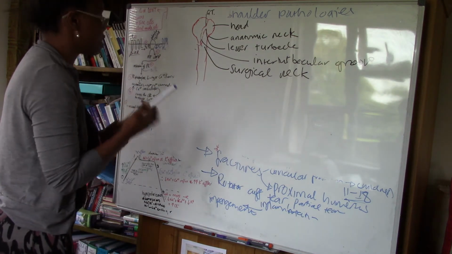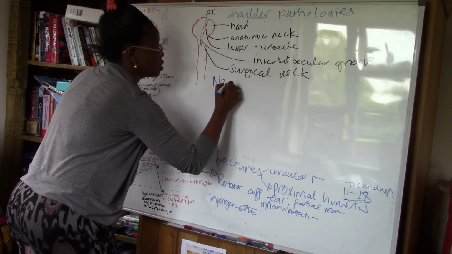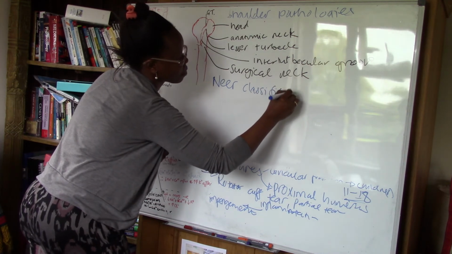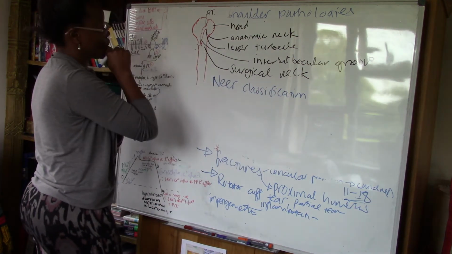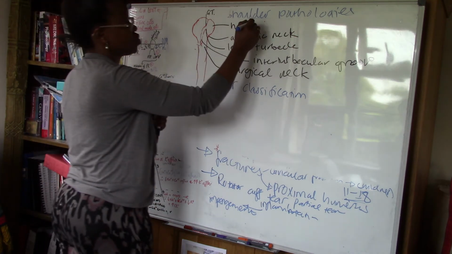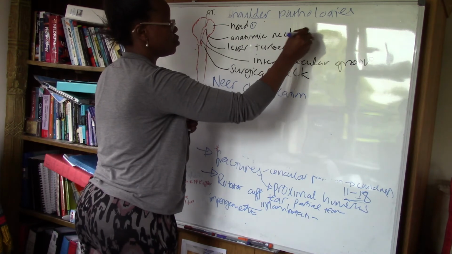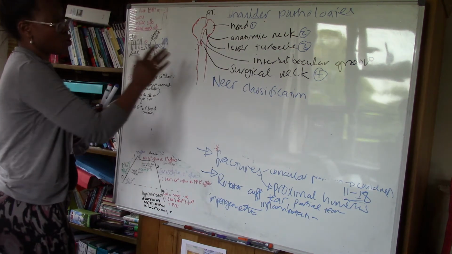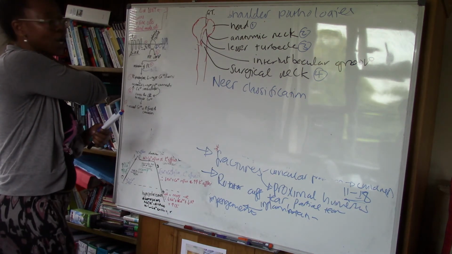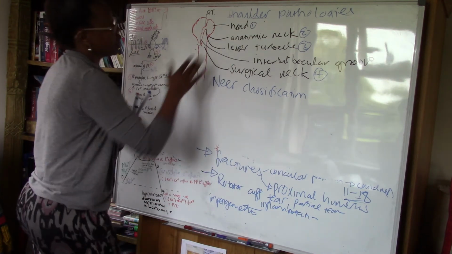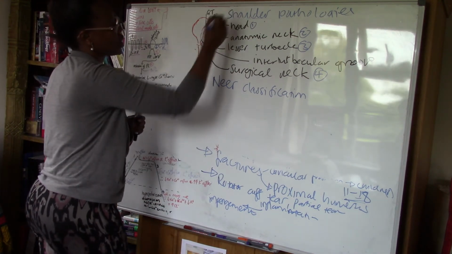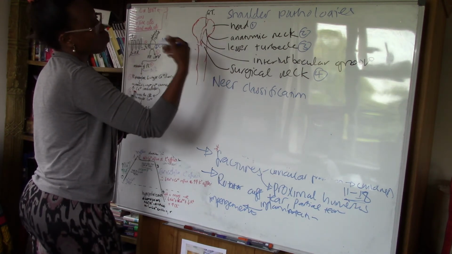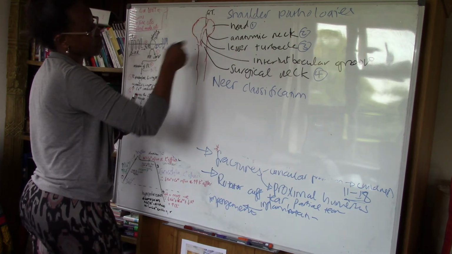So the Neer classification system divides the proximal humerus into 1, 2, 3, and 4 divisions, and then it will grade the fracture based on its position.